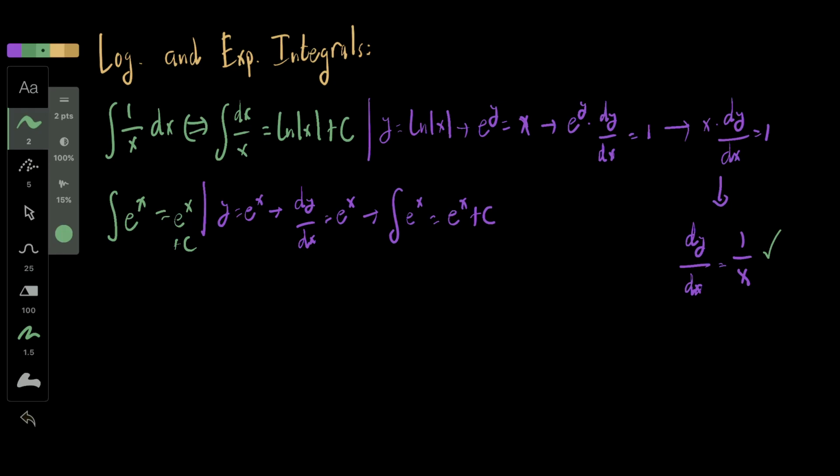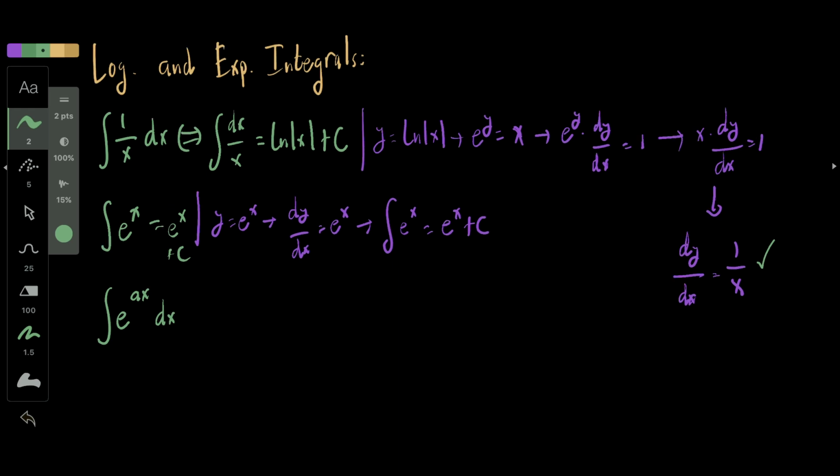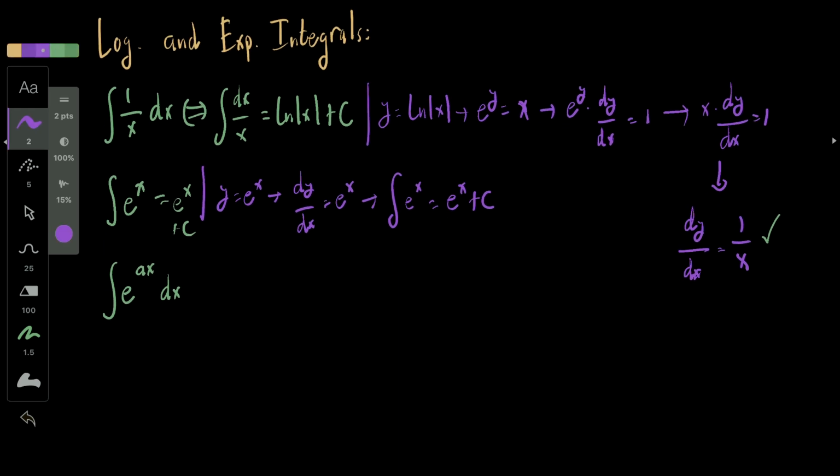The third integral that we're going to do is the integral of e to the ax dx. Now this is also a little more complicated, but it is still relatively simple. So what we can do, for our proof, is have y is equal to e to the ax.